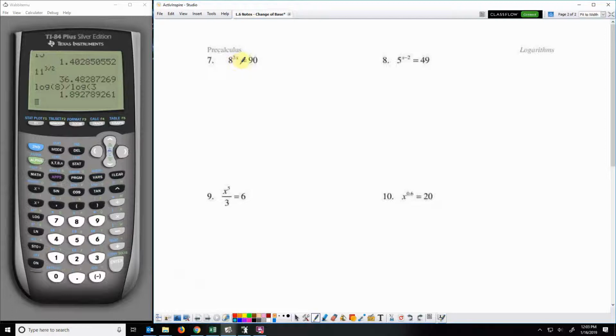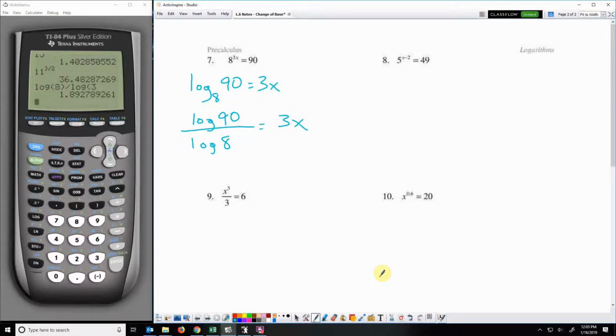So next we've got exponent form again. Let's change that to log form. We've got a base of 8, an argument of 90, and an exponent of 3x. Okay, so we'll do the change of base formula. Log 90, log of the argument over log of the base, log 8 equals 3x.